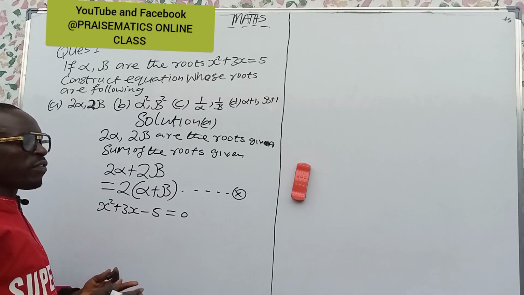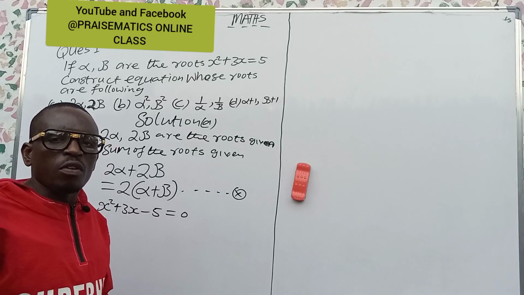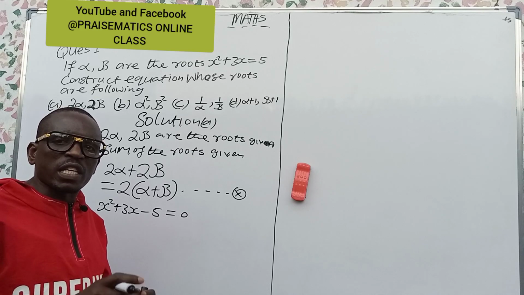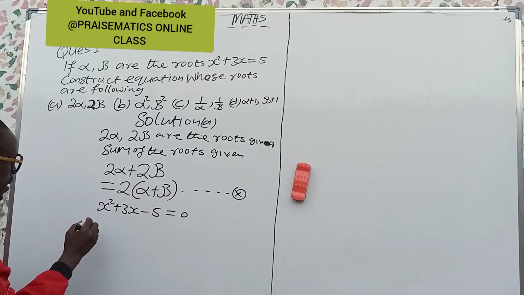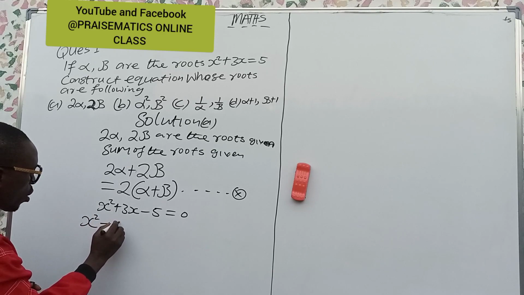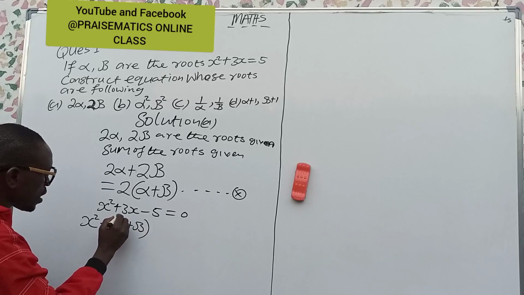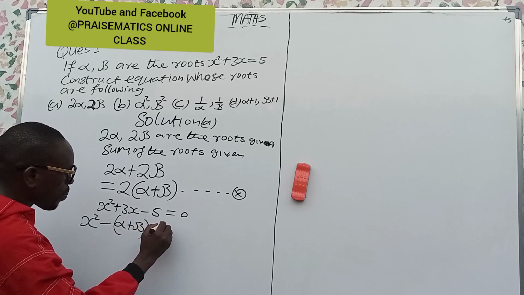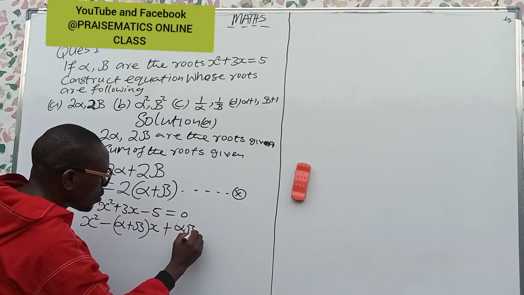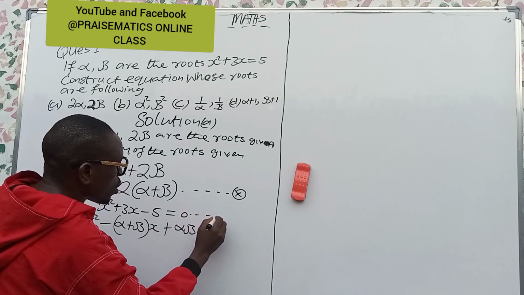Now always remember the formula method of solving the quadratic equation with the roots given, and that is x squared minus the sum of the roots times x plus the product of the given roots, which is equal to 0.